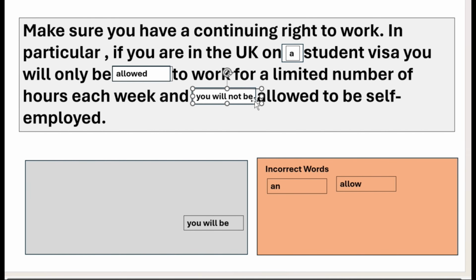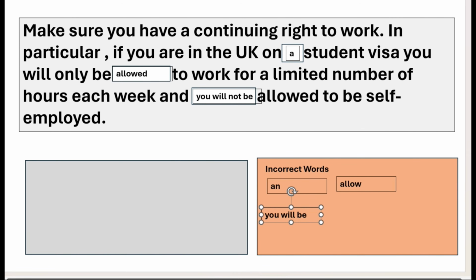They can't be self-employed, like everyone does. They should be employed by someone. So please remember, guys. This is very important. It comes often in the exam.